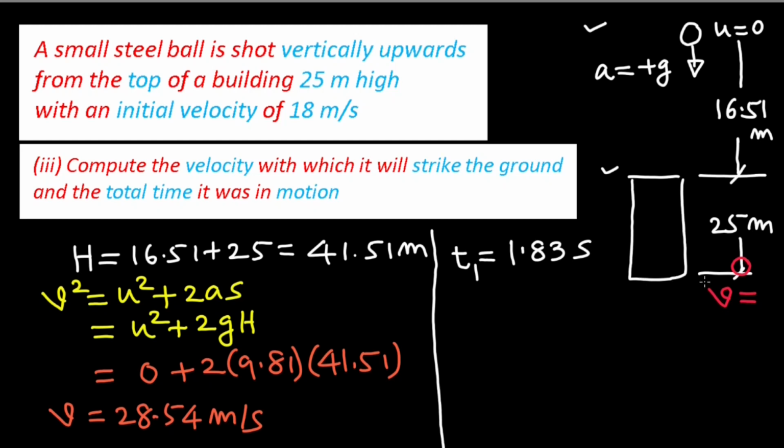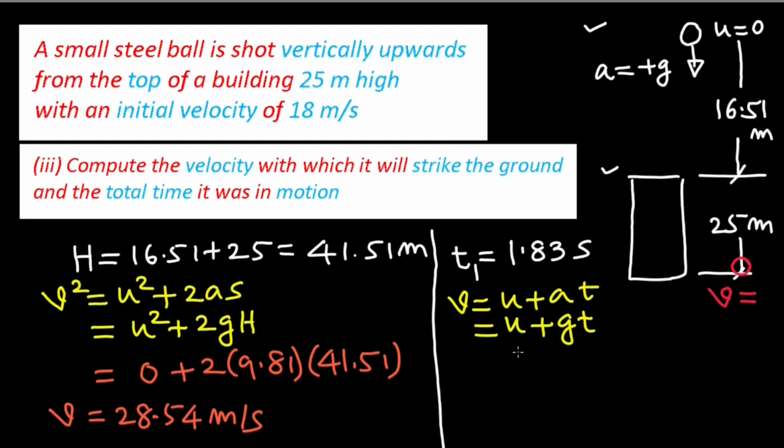Now we have to find the time the ball takes to reach the ground. For that, we will use the first kinematic equation, which is v equals u plus at, that is u plus gt, replacing a by g.